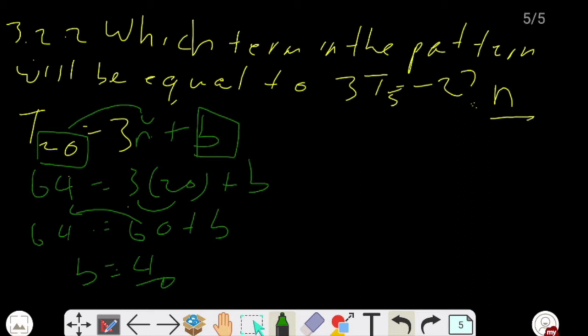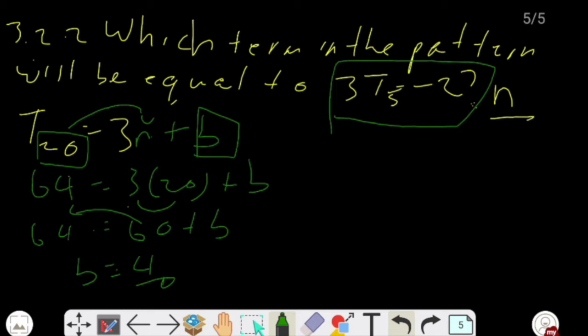Now after finding your B, we go back to what the question requires. They want to know which term in the pattern will give you T equals 3T5 minus 2, right?